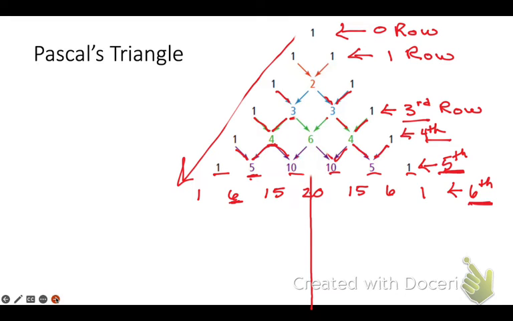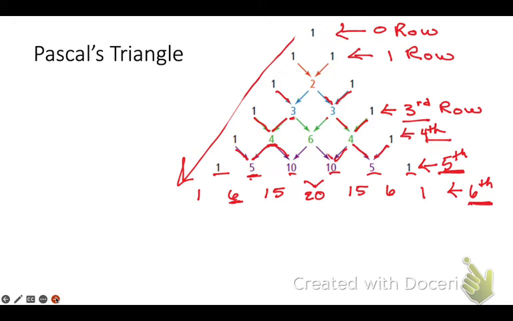So could you do the seventh row? Just did. So does this ever stop? No, it goes forever. What this is useful for, and one of your test questions, will be to construct so many rows. I may say construct up to the 6th row.